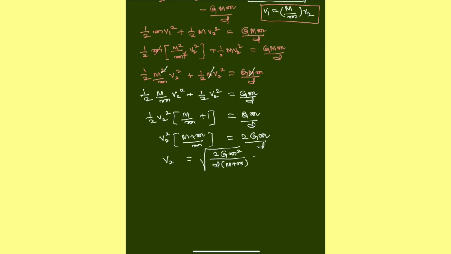Finally, v2 is equal to m times the square root of 2G by d times (M plus m), the required relation for v2. So v2 I got it as this.